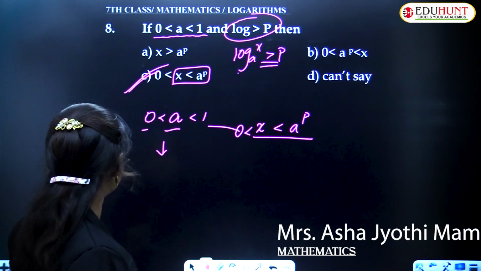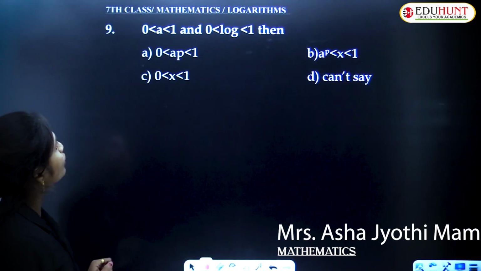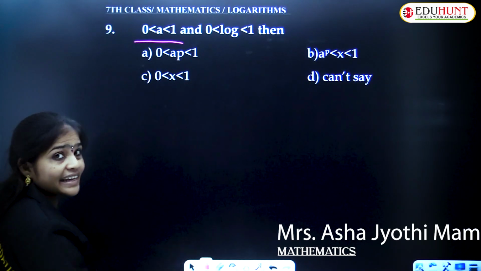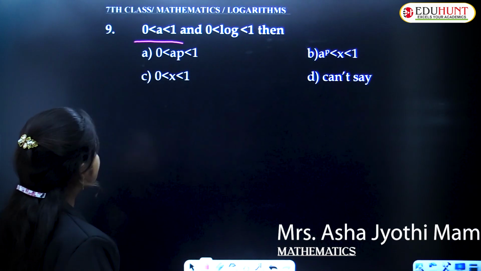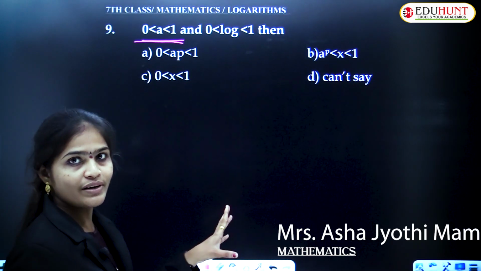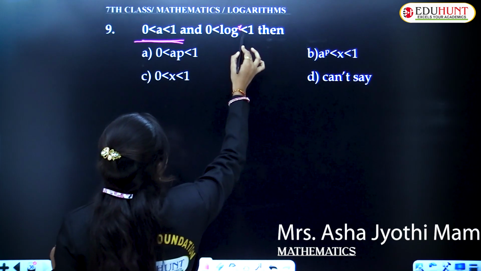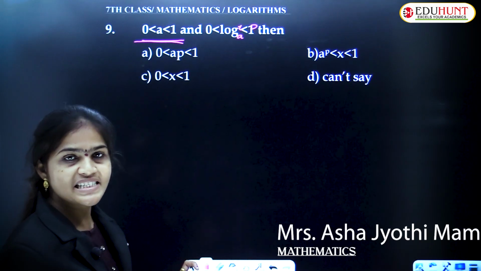Okay, children, see the next question and the last question. 0 is less than a is less than 1, so again this is a decreasing function. Just observe that all the problems given are based on decreasing functions. So a lies between 0 and 1. Again a mistake is there.